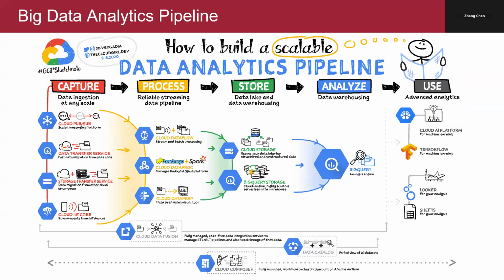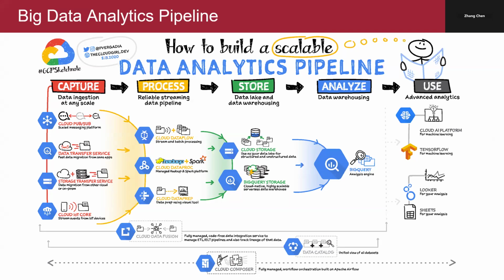This figure illustrates a typical big data analytic pipeline. This pipeline shows how data flows through a system from end to end, from start to finish. The pipeline usually begins with data capturing. How do we get data first?